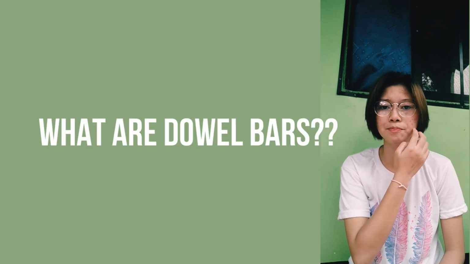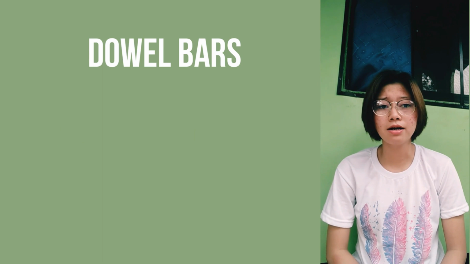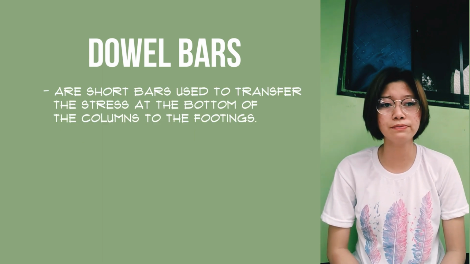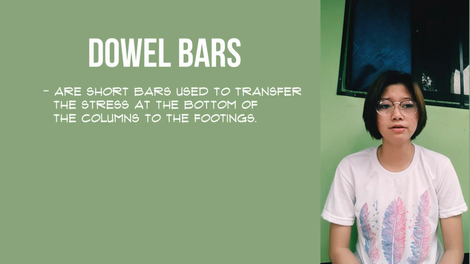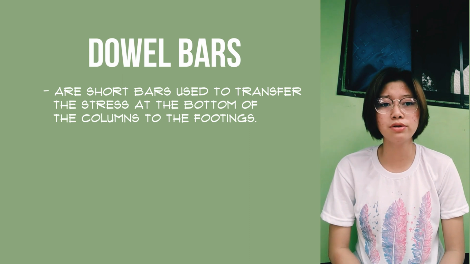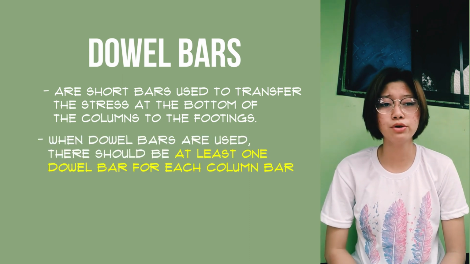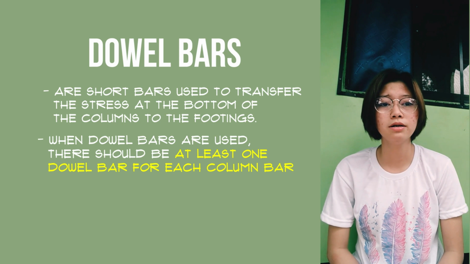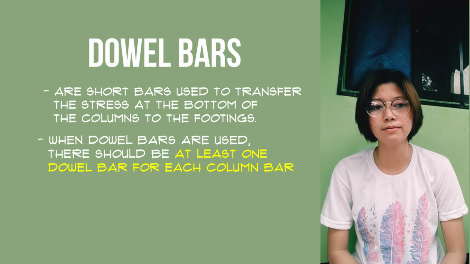So next, we have dowel bars. Dowel bars are short bars used to transfer the stress at the bottom of the columns to the footings. When dowel bars are used, there should be at least one dowel bar for each column bar.